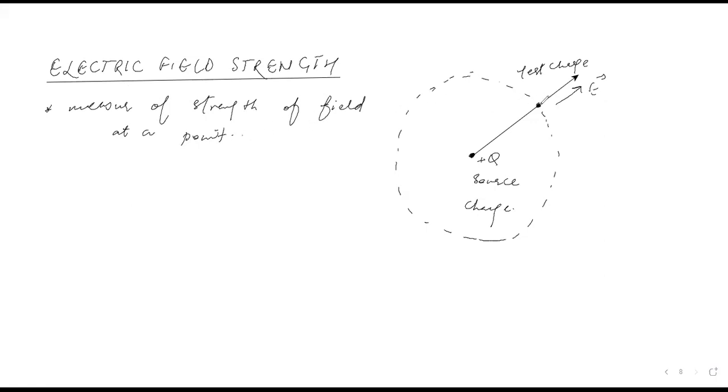Are you clear? Now what will happen if you keep another test charge at this position? In this case, you can understand the separation between position B and the source charge is very small.